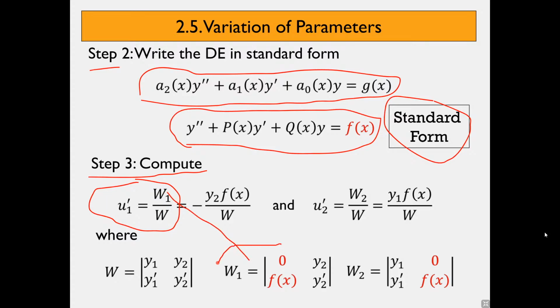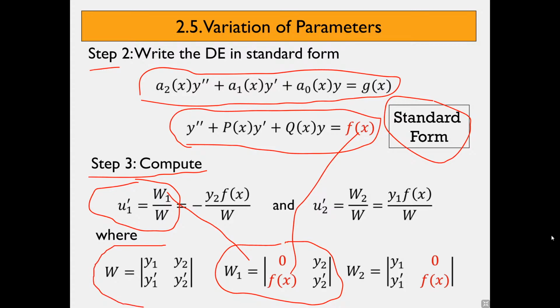A 2 by 2 matrix. First row 0, y2. You already have y2. Second row f(x), y2 dash. You already have f(x) from here. You plug it in here. For y2 dash, you differentiate y2 to get y2 dash. This is w1, divided by w.